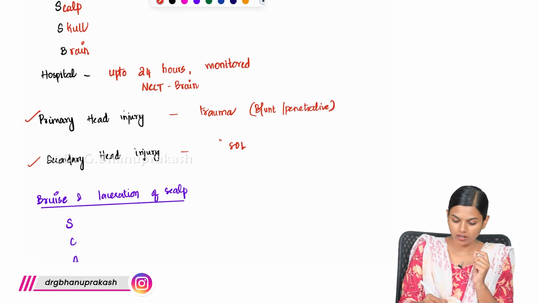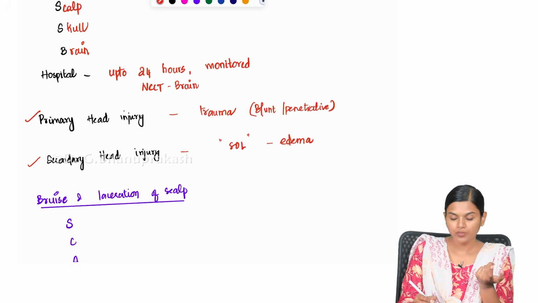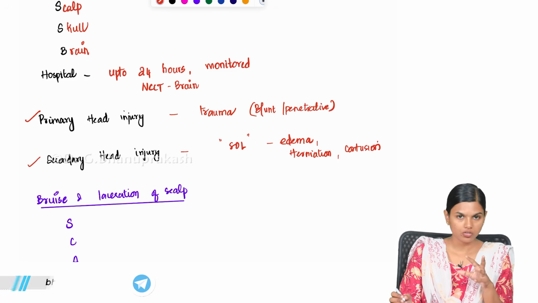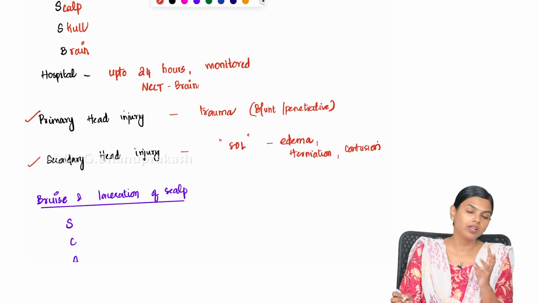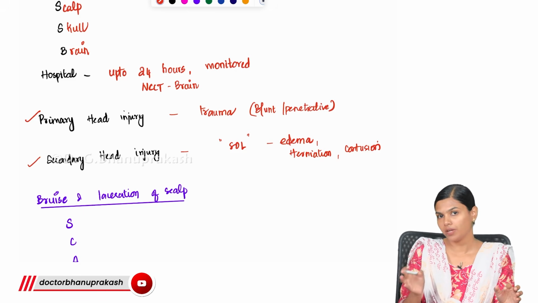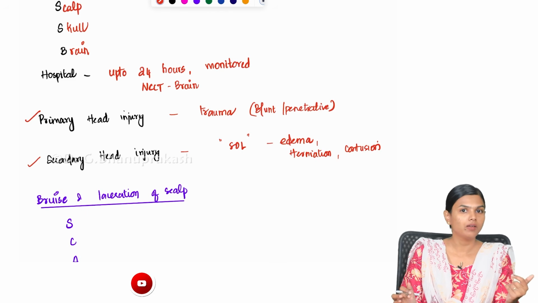Because of that, there will be cerebral edema, there can be herniation, or due to repetitive stress, sometimes there can be contusion also. Because of that initial assault, some pathology happens in the brain tissue. Those injuries we call secondary head injury, because they come secondary to the primary initiating factor.